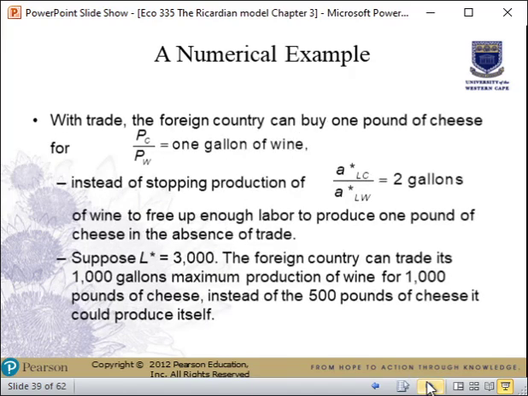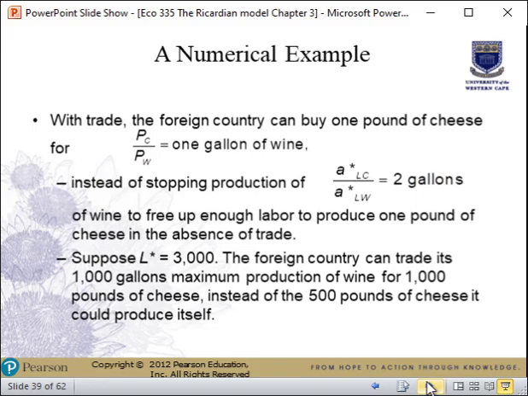Given the terms of trade of 1, the foreign country can exchange 1 gallon of wine for 1 pound of cheese, whereas before trade they had to forgo 2 gallons of wine to free enough resources to produce 1 pound of cheese. Using the indirect production method, they benefit from specialization and trade.